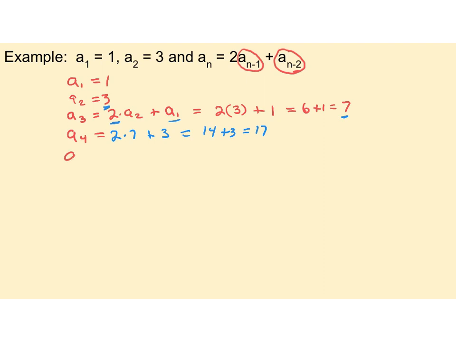And then the last one we're going to do is a sub 5. That's just going to be 2 times my previous term, which is 17, plus the term before that, which is 7. So that will be 34 plus 7, which is equal to 41. So my sequence here is going to be 1, 3, 7, 17, 41, and so on.